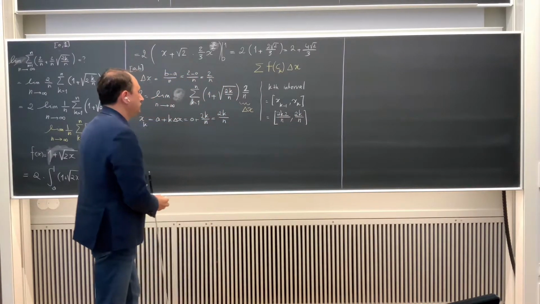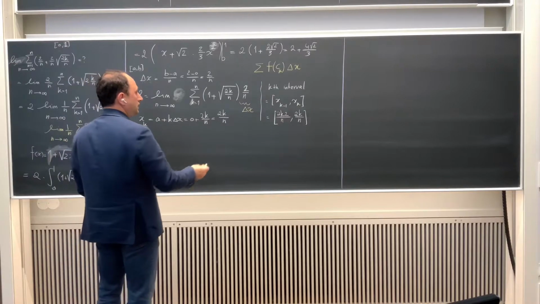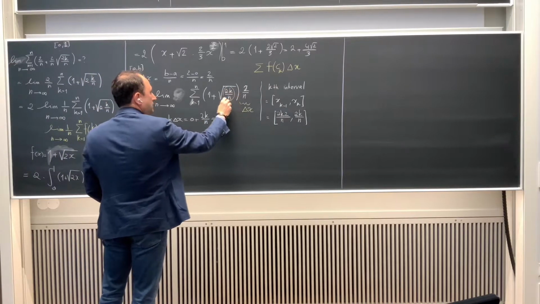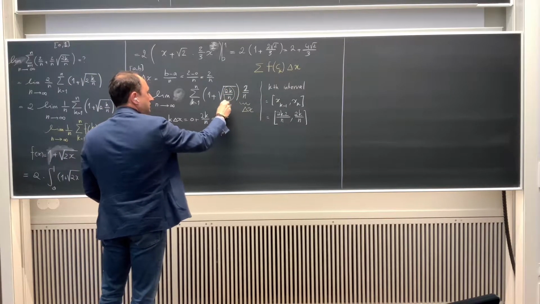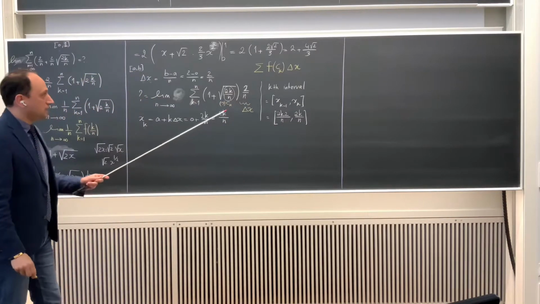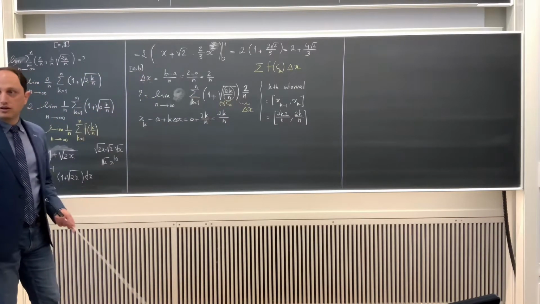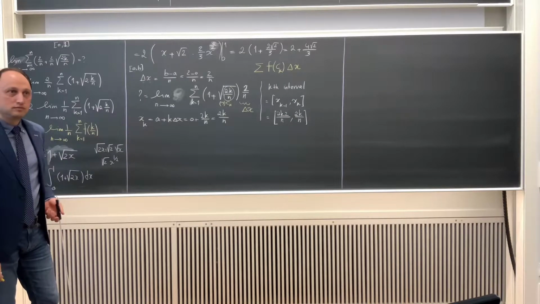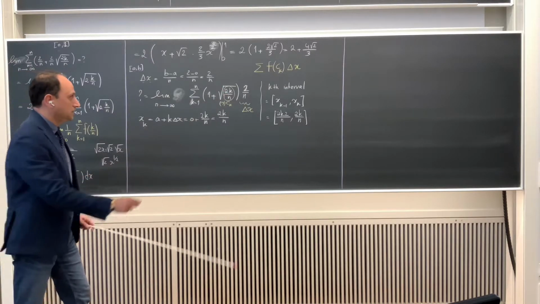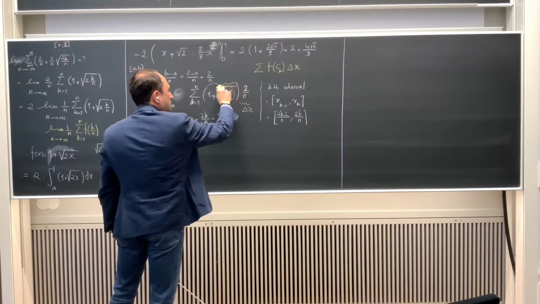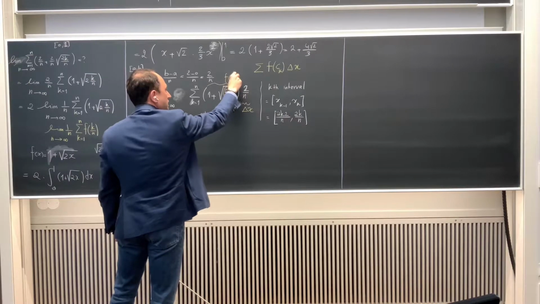Now my question for you is, what tag do you see here? This is supposed to be your tag. Is this really an acceptable tag in this scenario? Yes or no? This is supposed to be f of your c sub k. Do you agree?